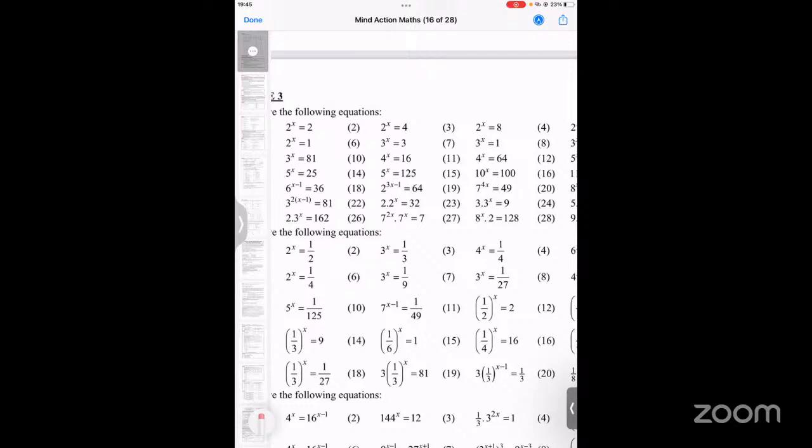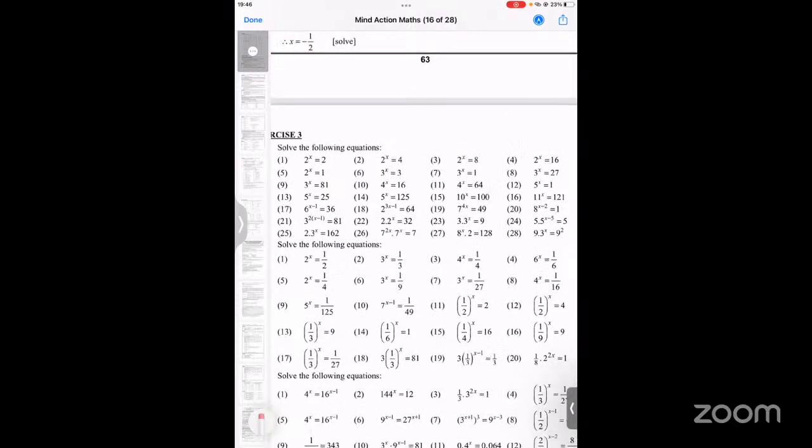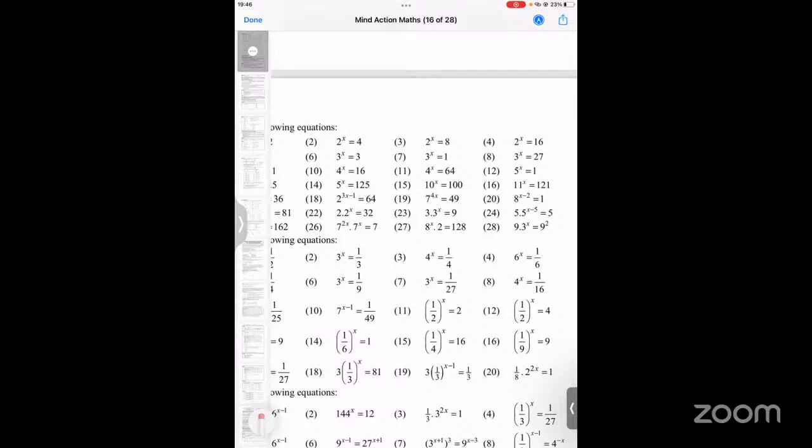And then I was left with 8 to the x equals 64. Then I made the bases the same. So 64 in exponential form, I got 8 to the power of 2. And then I equated the exponents. No, you've done it correctly. That's how you should do it.